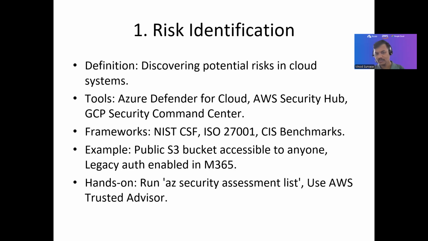You can also ask them to run the right set of assessments on those integrated and implemented systems so that you see what's implemented, what is not, and whether those fall under the frameworks and compliance security framework parameters as well, right? So this was the first one, which is risk identification.